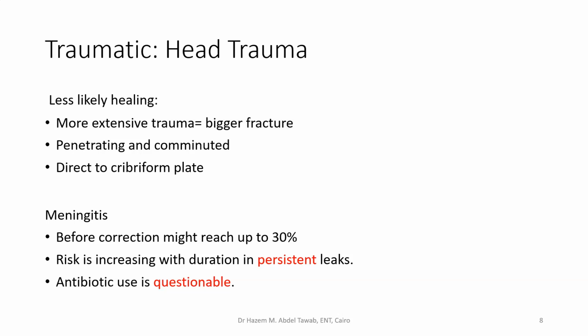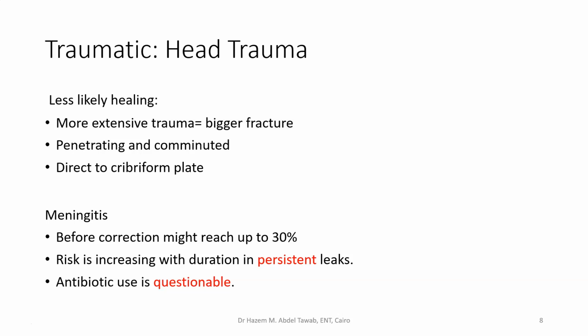The risk increases with the duration. For example, if the leak is continuous and the patient has been ignored for some time, saying okay, we are going to do the surgery, then with every delay, knowing that he has a persistent leak, he is going to develop meningitis.